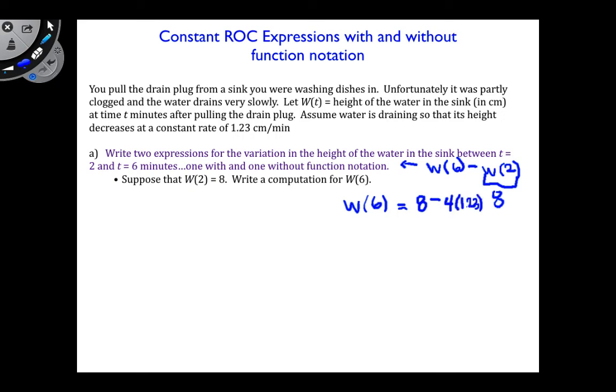So I can actually compute the height at time 6, because I know that's 4 seconds later at this constant rate of change. So we could do this with function notation, but just try to write a computation. There's that. If we actually did the computation, 8 minus 4.92 is going to be what? 3.08?